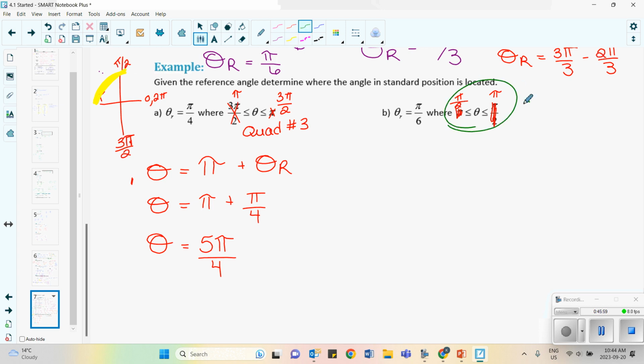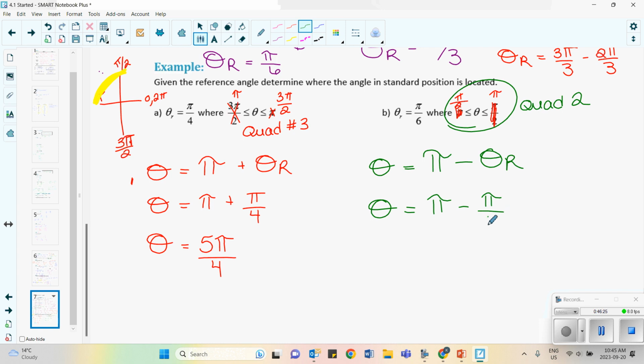So this is telling me my answer's in quad 2. Okay, so rule, again, theta is equal to 180, which is pi, minus theta reference this time.